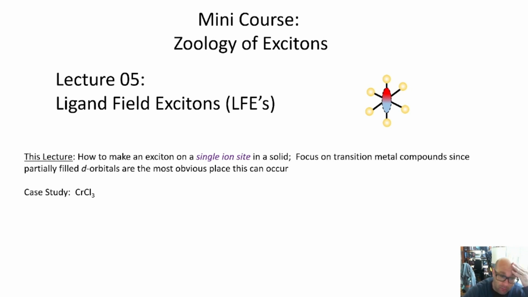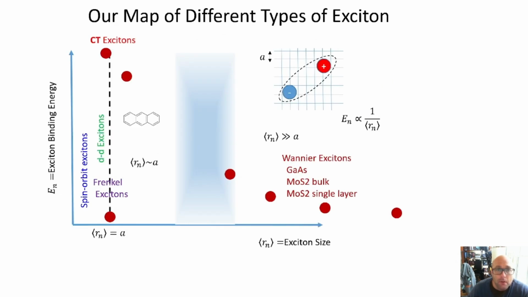That's a place where optical excitation can be localized on a single ionic site. Our basic case study throughout this lecture will be chromium trichloride, which is a beautiful purple compound that I'm actually working on in my lab over the past several years.